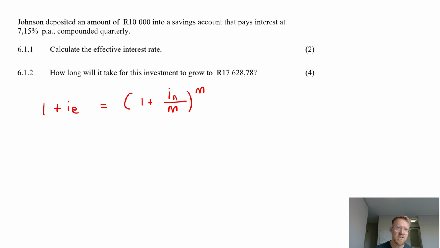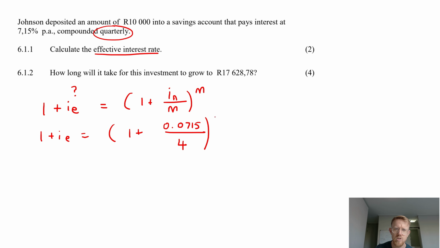Okay, and so they want us to calculate the effective interest rate, so this is the unknown, and then we can take the nominal, which is the monthly, quarterly, whatever, and that's 7.15%, so I'm going to say 0.0715. And then because it's quarterly, that means 4 times in a year, so that's going to both be a 4 over there.